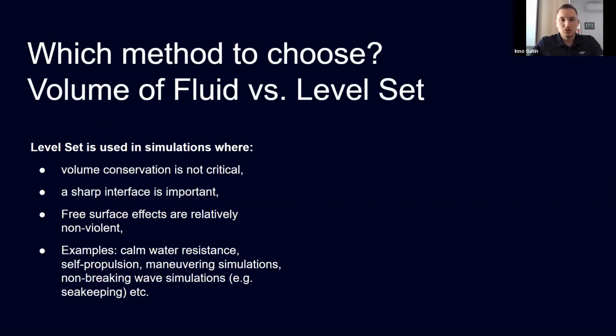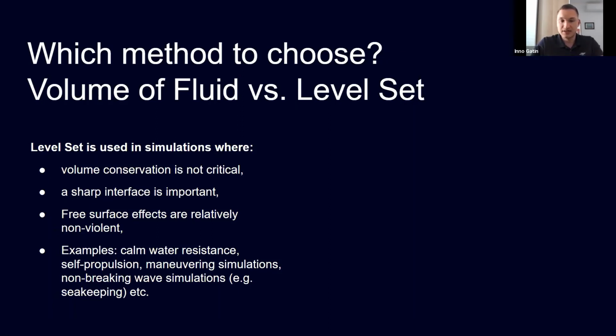So which method to choose? Well, that depends on the simulation that we are running. For example, level set is used in simulations where volume conservation is not critical, obviously. As an example, you have calm water resistance or calm water self-propulsion. But on the other hand, where a sharp interface is crucial, this is especially important for faster crafts where ventilation is a larger issue.